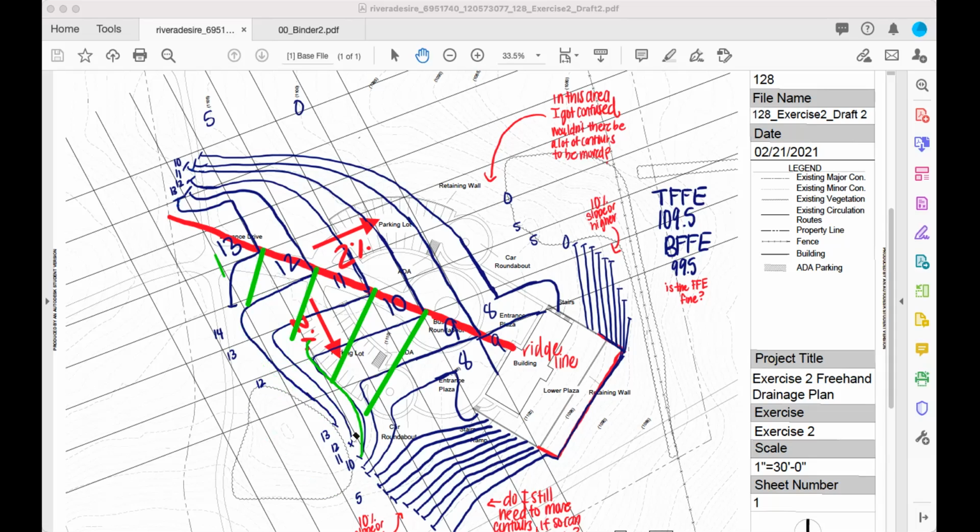So if this is fine for not exceeding maximum slope, we still need to create a swale like this, at the edge of your pavement, and like that. And this one needs to go to your edge of pavement. Now we're seeing the space problem.